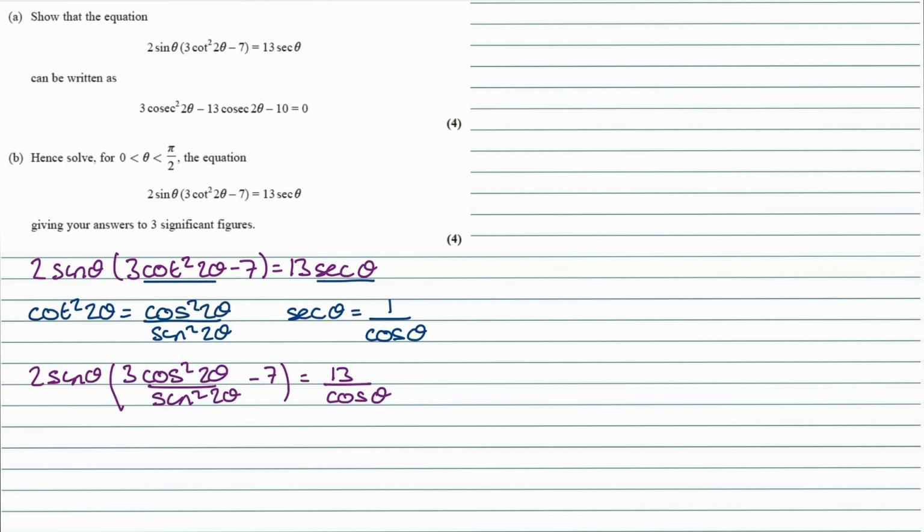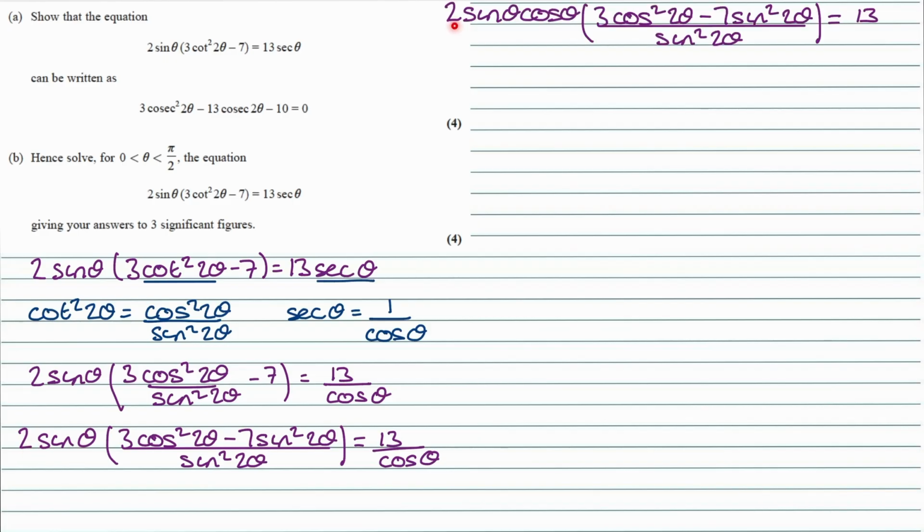Now the next step would be to simplify this bracket by giving this 7 a common denominator with the sine squared 2 theta. So now we've simplified the bracket. We have a mixture of theta and 2 theta. So what we can do is move this division of cos theta over to the left-hand side and use the double angle formulae to simplify this.